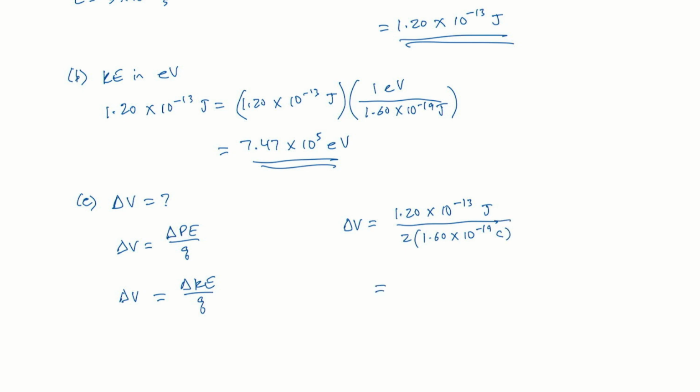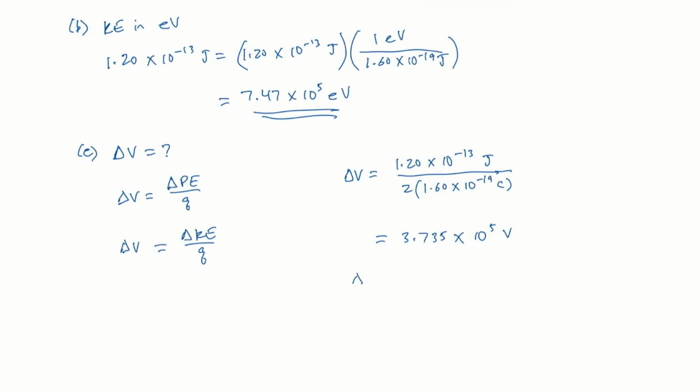This gives us 3.735 times 10 to the 5th volts. So we can say our delta V is 3.74 times 10 to the 5th volts.